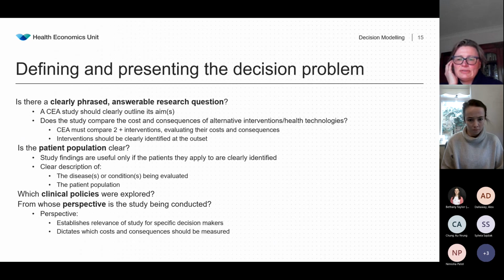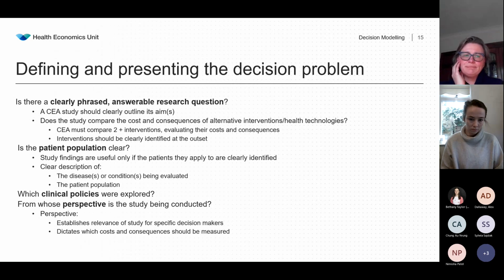This could relate to different sequences of treatments, or to stop-go decision rules. Often an RCT will not compare all the alternatives, so we would need to bring together data from several clinical trials. If you were with us in the previous session, we covered this in systematic literature review and touched upon meta-analysis.